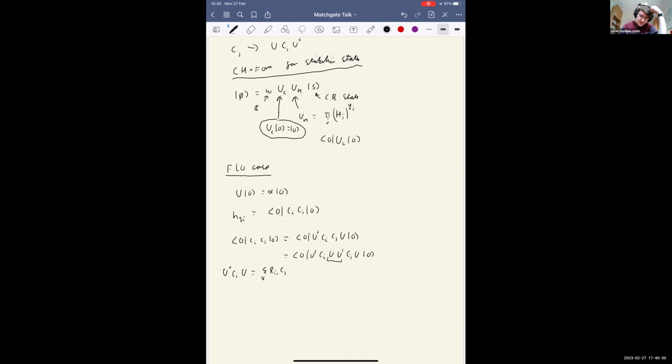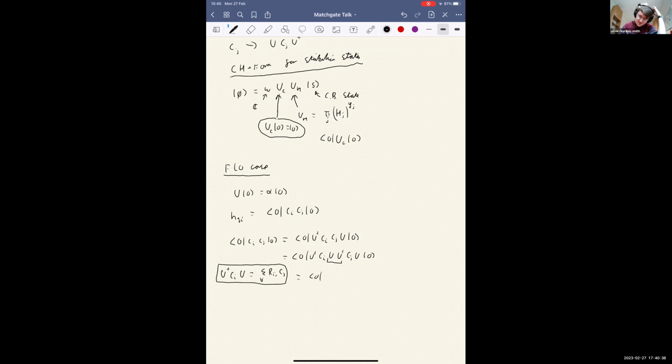So this is now equal to <0|, I'm going to go quite fast here, sorry, the sum over m, n of R_im R_jn c_m c_n |0>, where I just applied this twice.